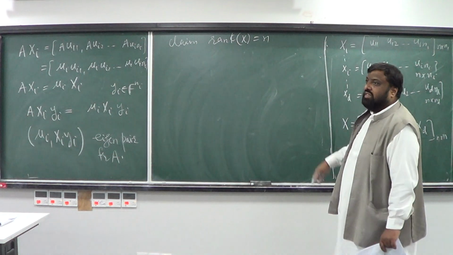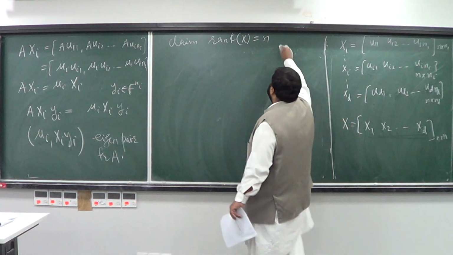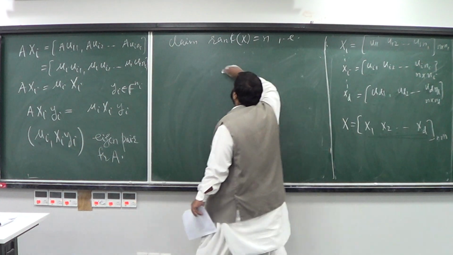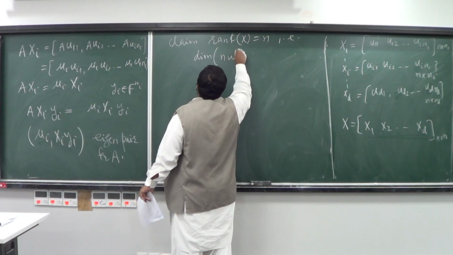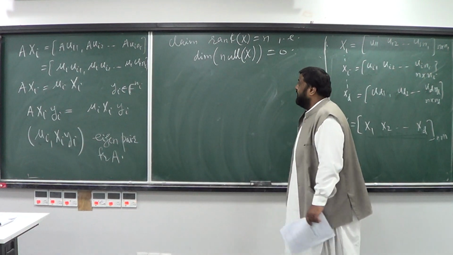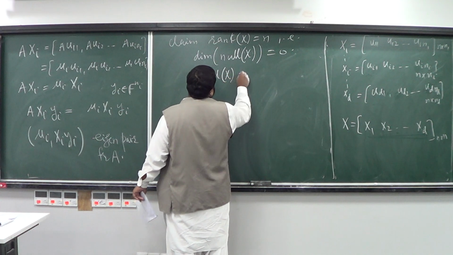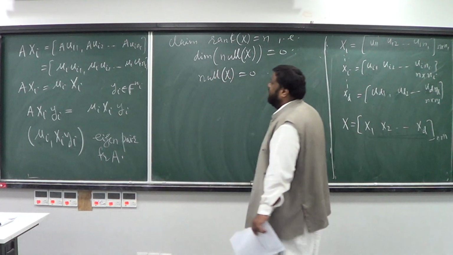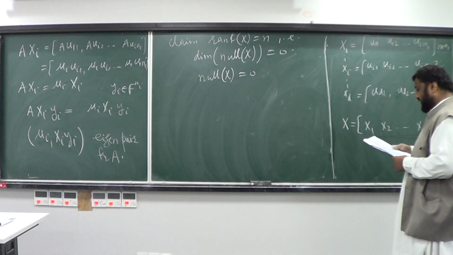It's equal to the dimension of the entire vector space. That is, the dimension of the null space of X is 0, and that is, the null space of X is equal to 0 actually. Okay, 0.